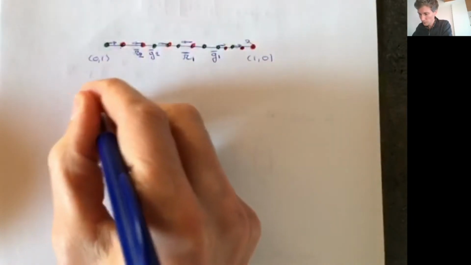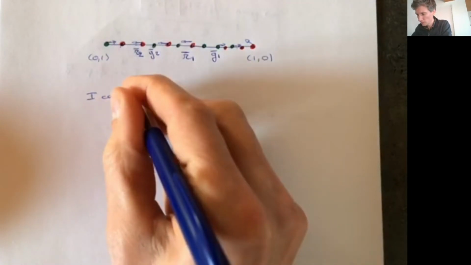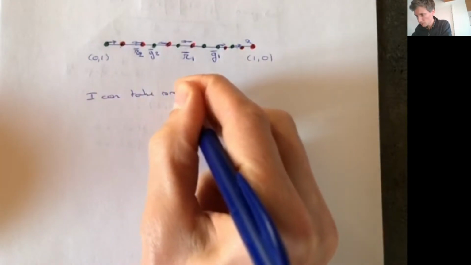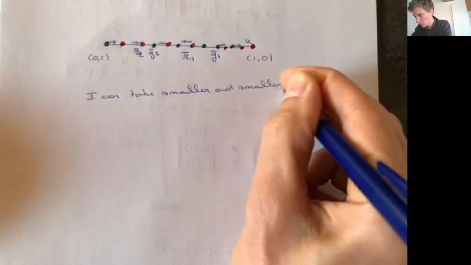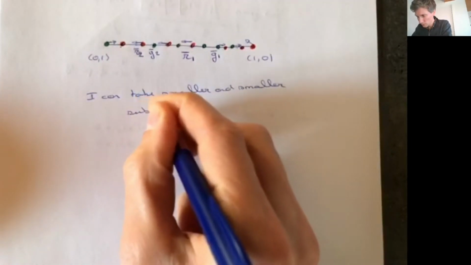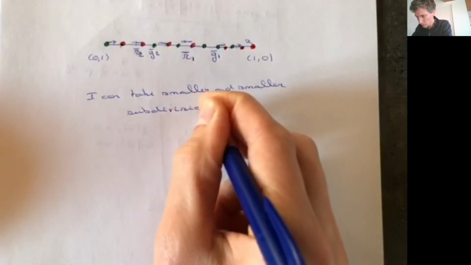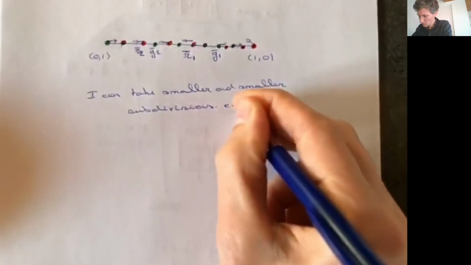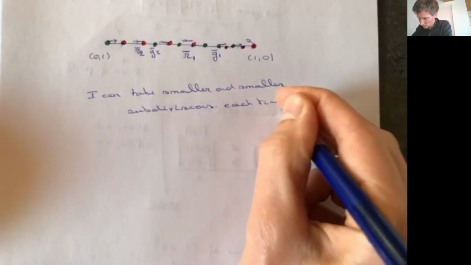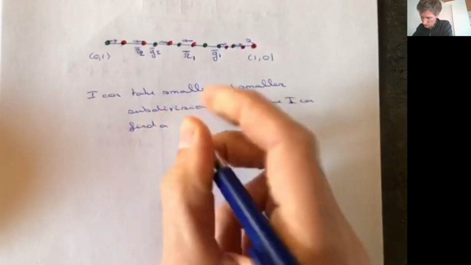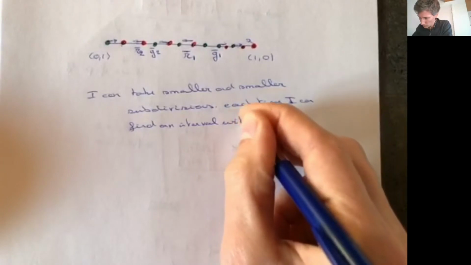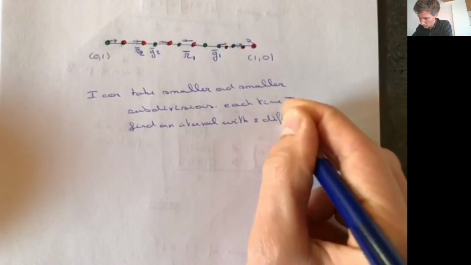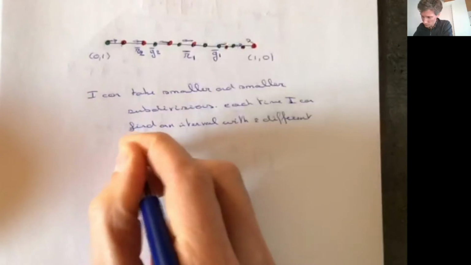So I can take smaller and smaller subdivisions. Each time I can find an interval with 2 different colors.